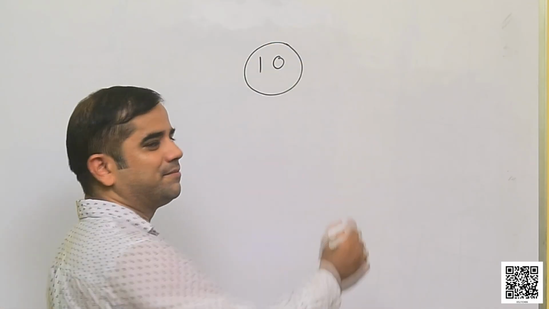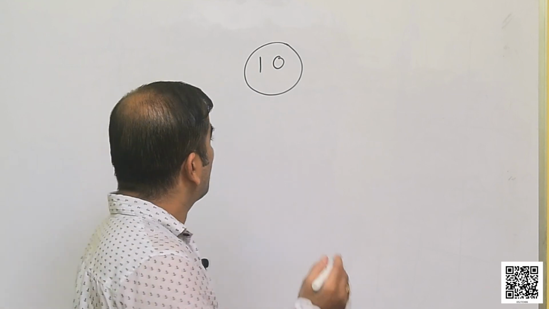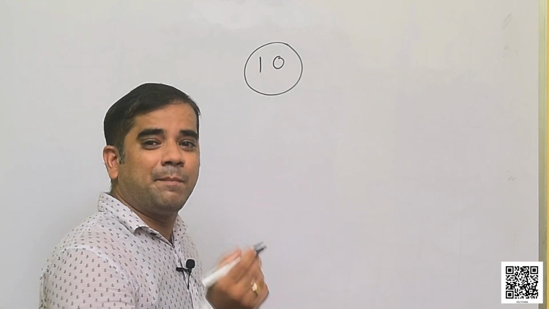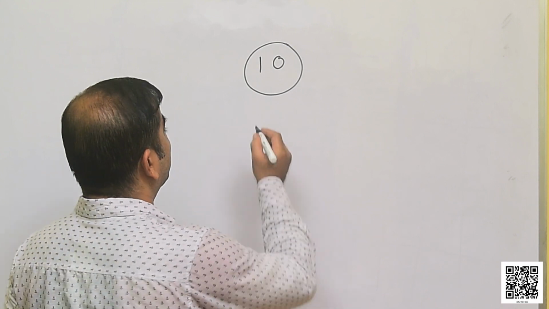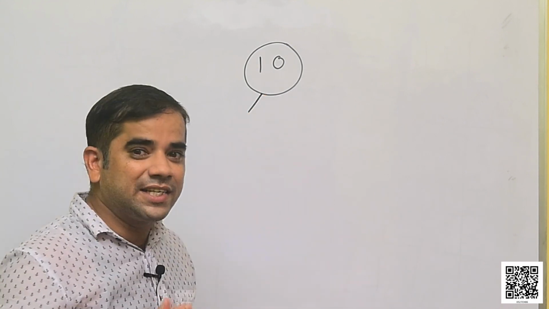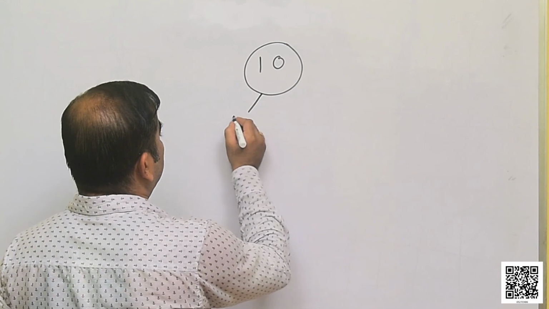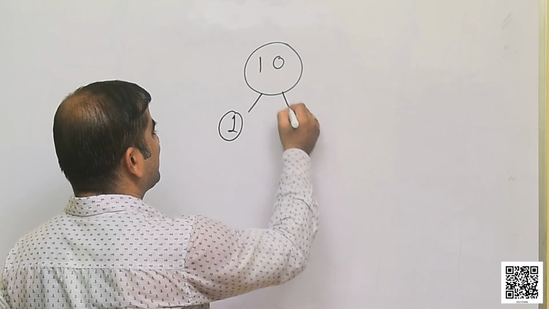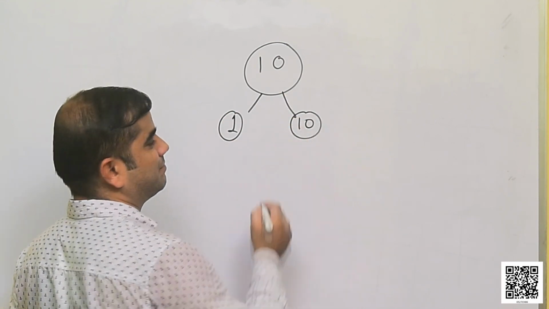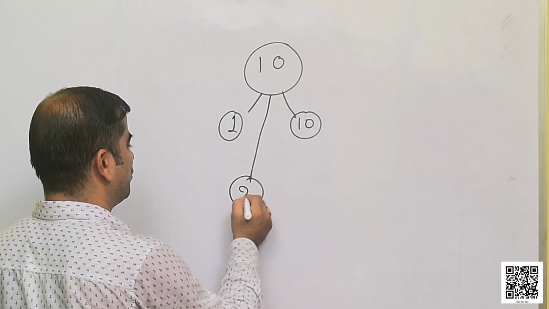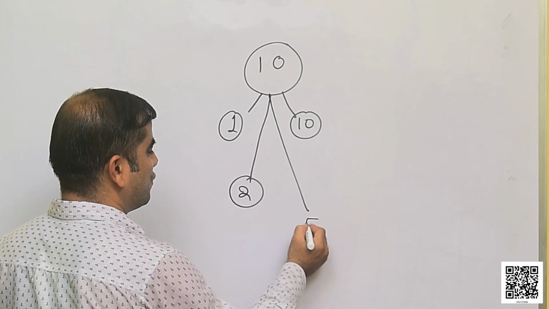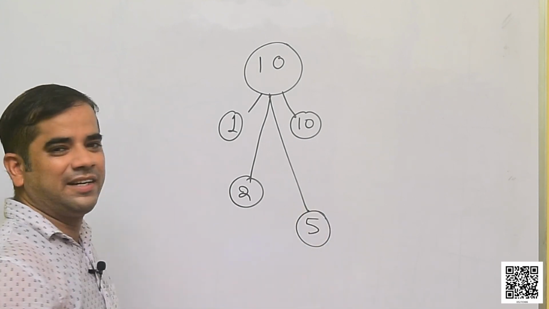Let us circle it. So which are the numbers which have 10 in their table? First of all, the smallest number, that is 1, 10 ones are 10. Again, another branch, let us go for 2, 2 fives are 10.